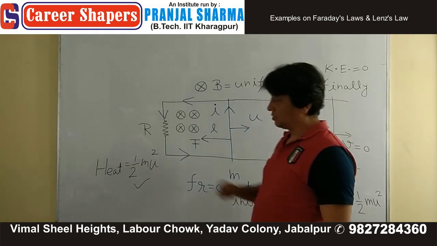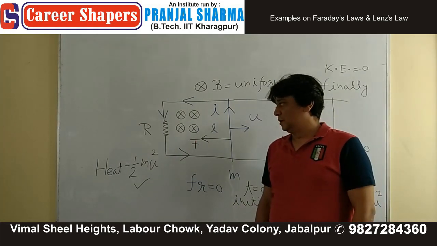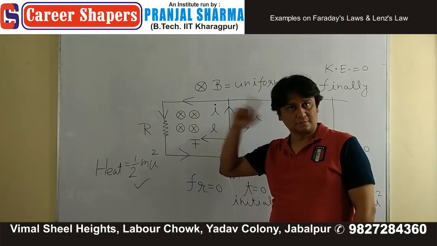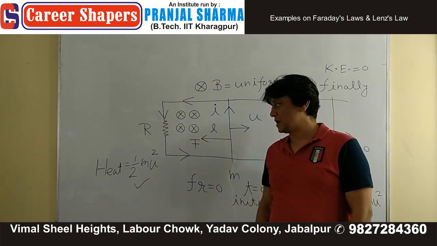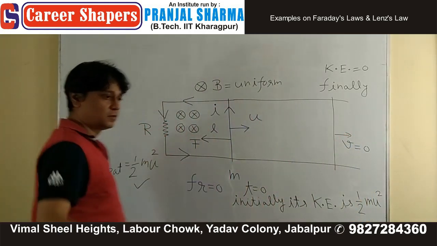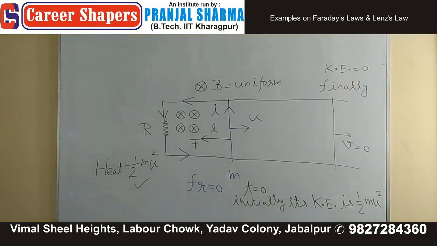And therefore, it's a very good question. Half mu square is coming because of what? Conservation of energy. Write down everything and then we'll write a few statements. Just tell me, do you understand this origin of half mu square? Yes or no?